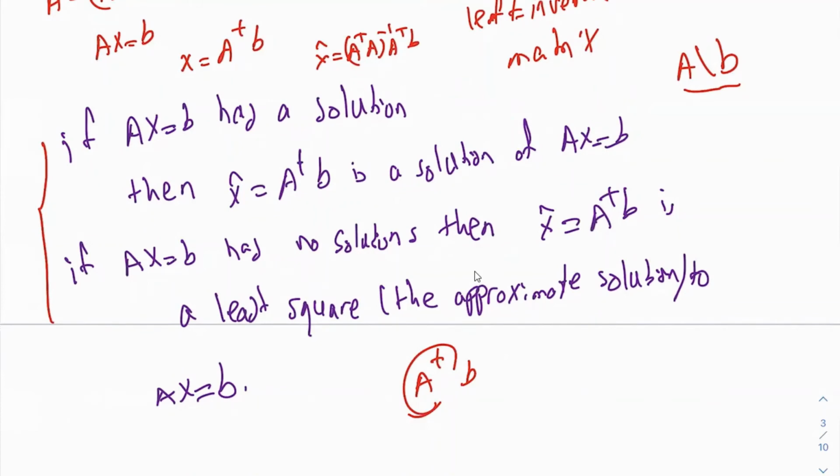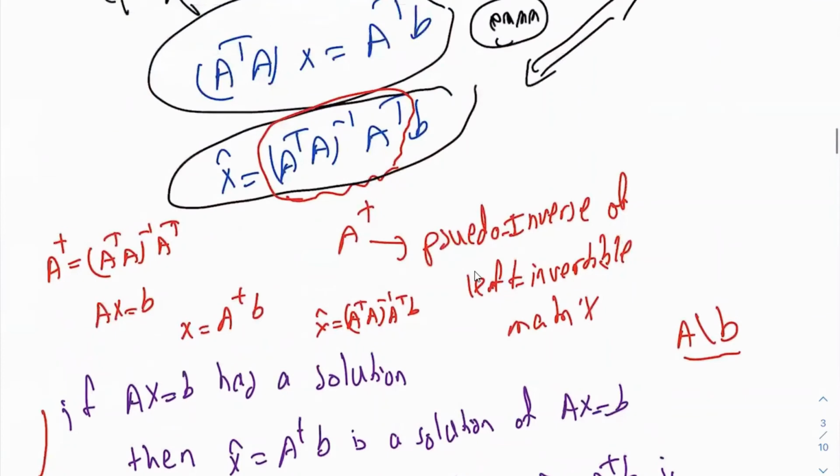It's used every time in a system of linear equations. So remember this pseudo inverse that we defined a couple of videos ago for a left invertible matrix is also used in the normal equation, and it gives us the same solution X hat.